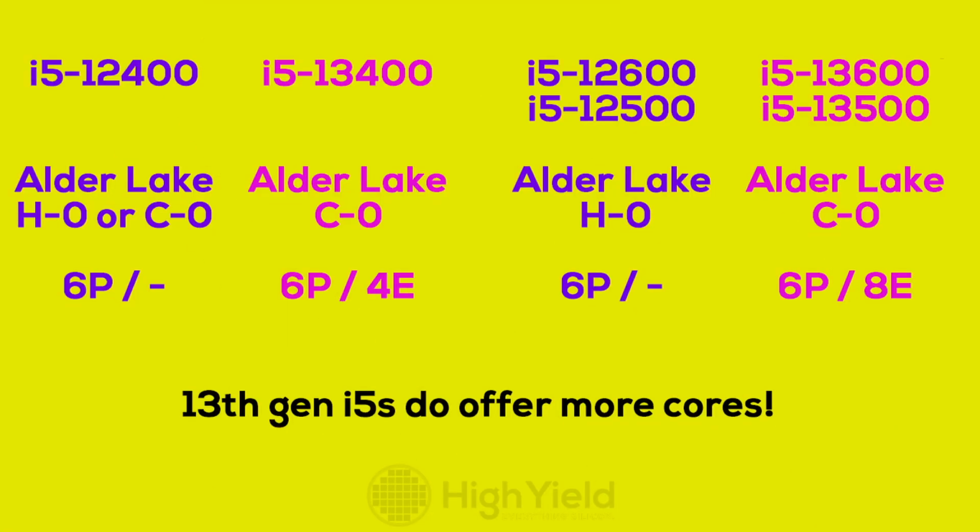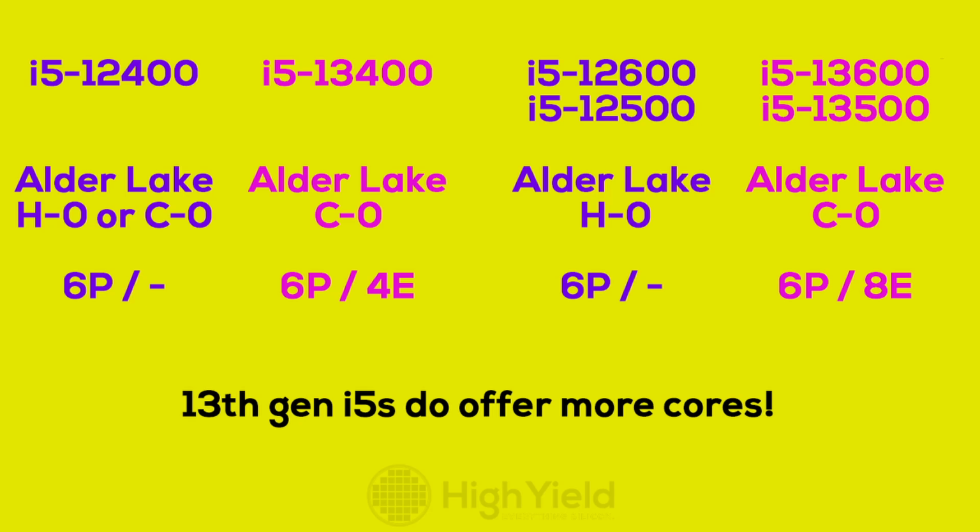But when we compare the CPU configurations, the new old 13th gen i5 SKUs also offer more than their 12th gen counterparts. This time all the i5s will keep some of the efficiency cores enabled, instead of only using performance cores. While all three 12th gen non-K i5 CPUs only have 6 P cores enabled, both the i5 13600 and 13500 are supposed to come with a 6+8 configuration, and the 13400 drops down to 6+4.